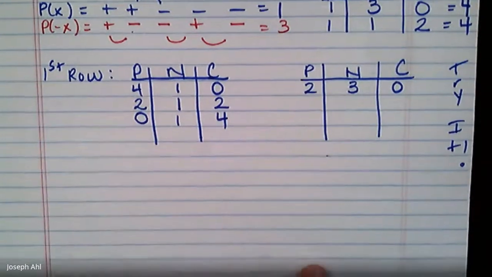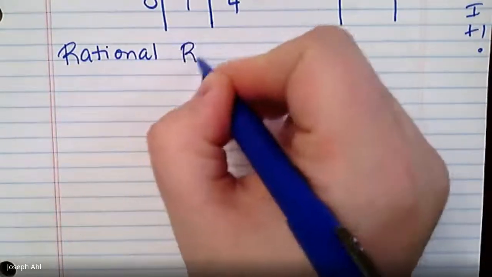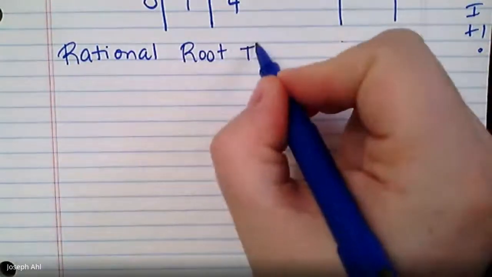We're going to get some more Descartes practice in today's lesson anyway, but let's talk about one of the last tools that we have. It's a really important one. It's called the rational root theorem.